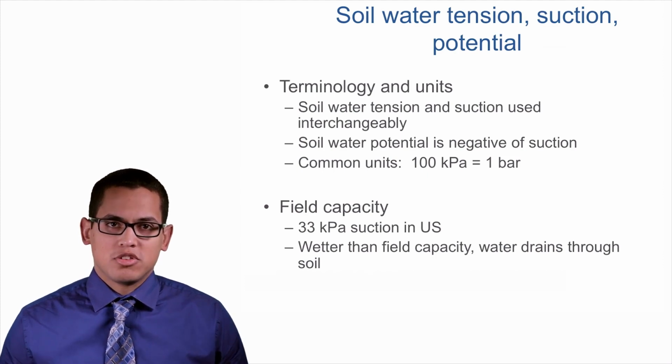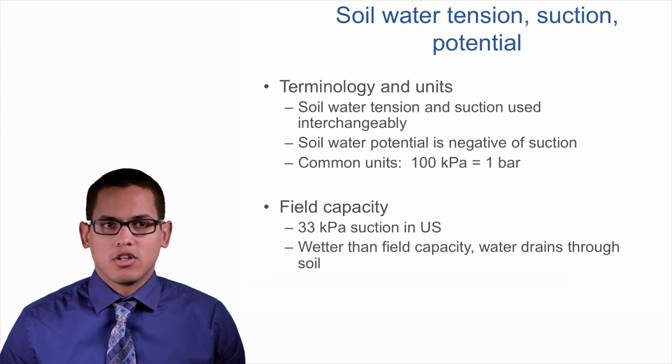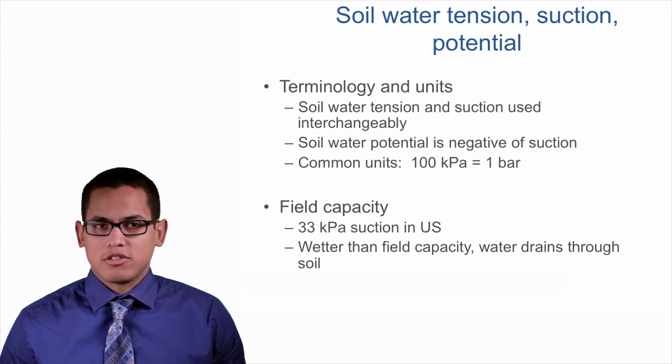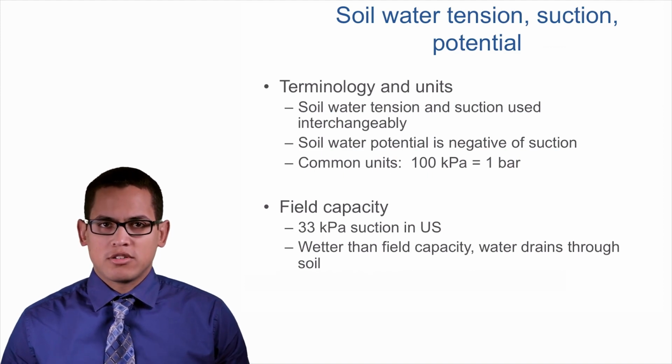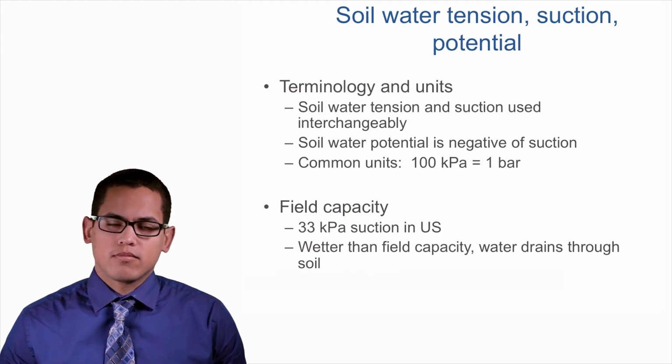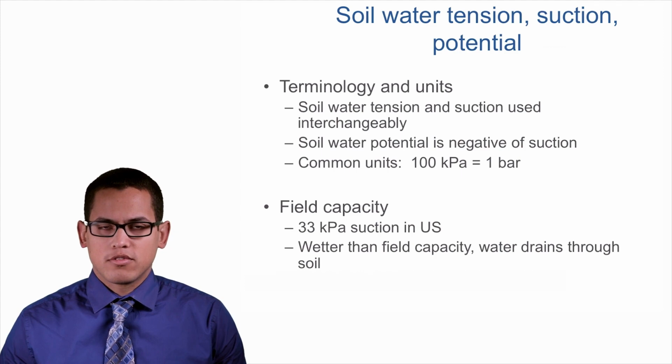Soil water potential is essentially the negative of suction. Common units of that are kilopascals or hectopascals, and the way you can look at this is 100 kilopascals is equal to 1 bar of tension, if you're used to using bars as your unit for suction or water potential.